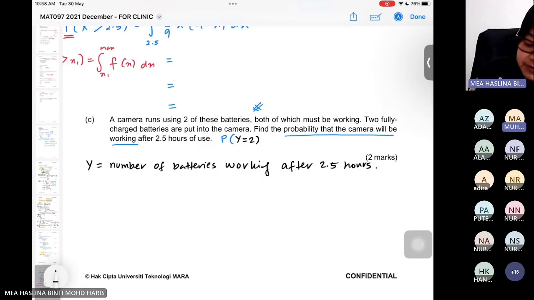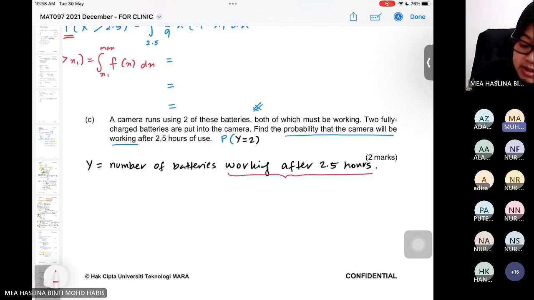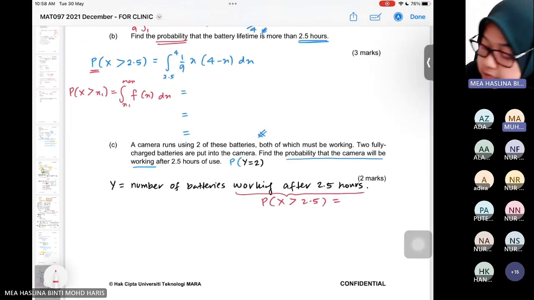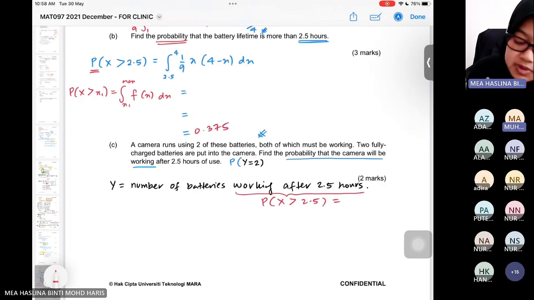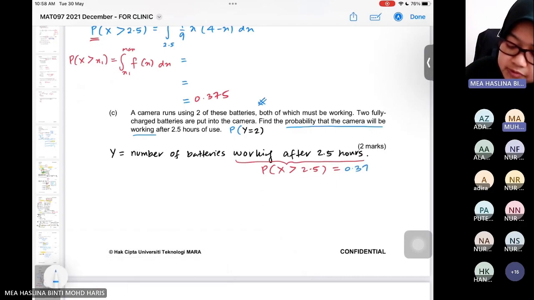Working after 2.5 hours, that one we have already calculated, X greater than 2.5 just now. The previous answer you should have obtained is 0.375. So now how many batteries do we have in total?